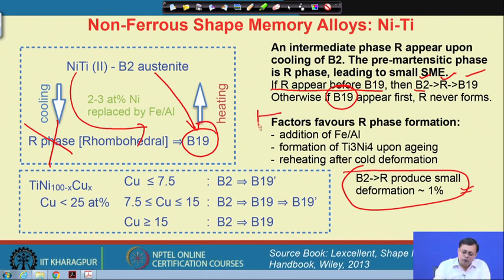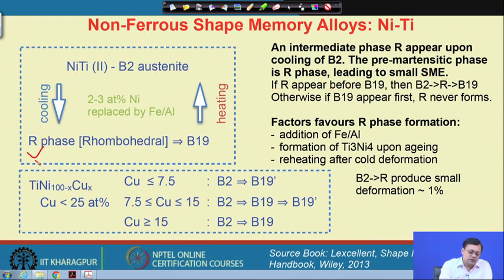However, we can control this R phase formation, because when the alloy contains iron and aluminum, this R phase transformation becomes more favored, or sometimes during aging itself, if some titanium 3 nickel 4 type of precipitate appears in the microstructure, then again this R phase transformation will be promoted.